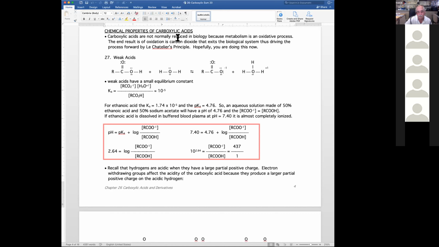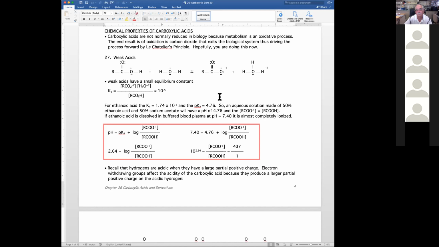So the major thing is that carboxylic acids are weak acids. So if I put this weak acid in with a weak base like water, I get an equilibrium. And I can get an equilibrium constant. So the Ka is about on the order of 10 to the minus fifth. pKa is on about order of 5. So if you take, for example, acetic acid, pKa is 4.76.